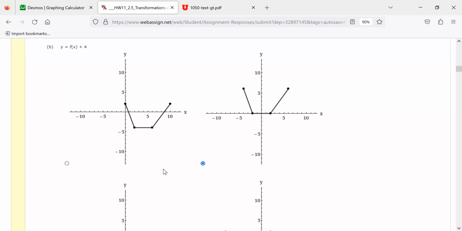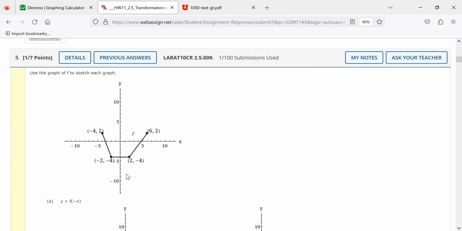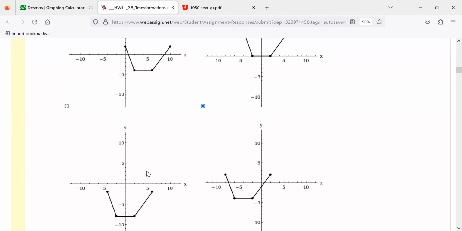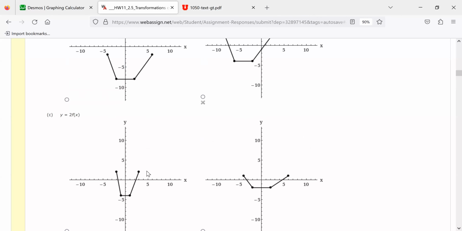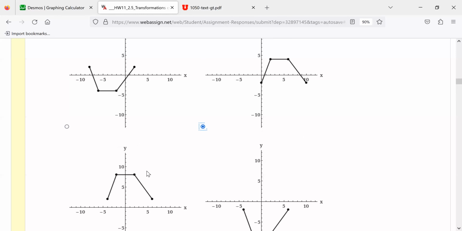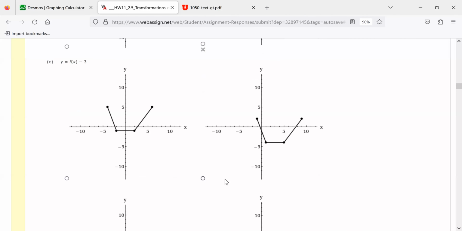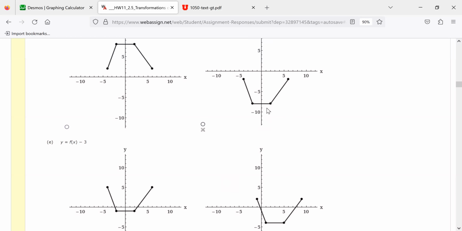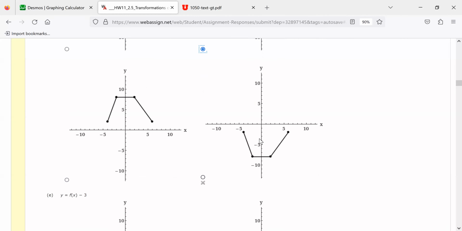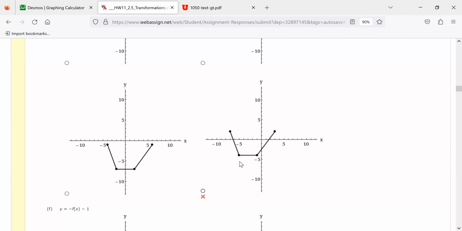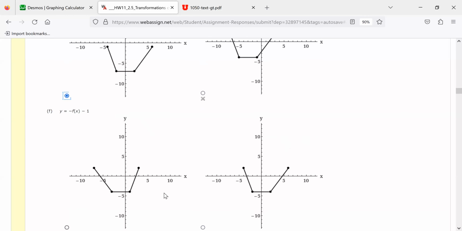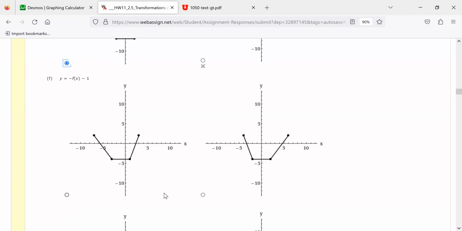I don't remember how low it was to begin with. Yeah, I think it's C. It was -4 down. So 3 more. Yeah, it would be that -7. That's right. Oh, here it is. Okay.